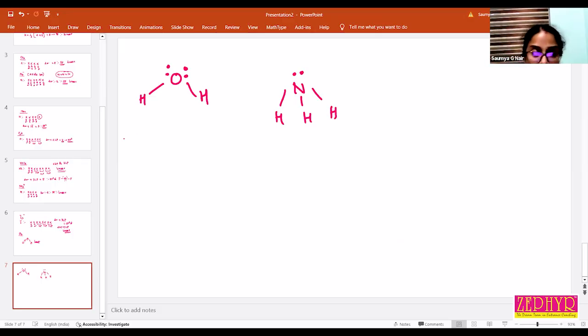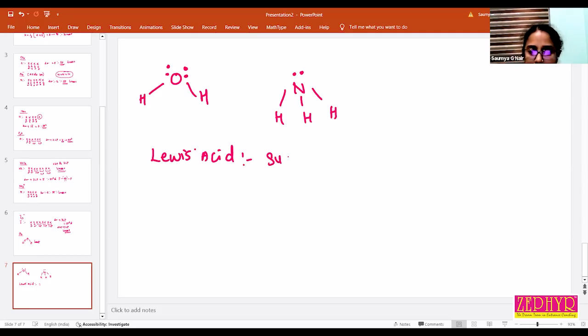A Lewis acid is electron deficient and has the capacity to accept a pair of electrons. This topic you will learn in equilibrium.